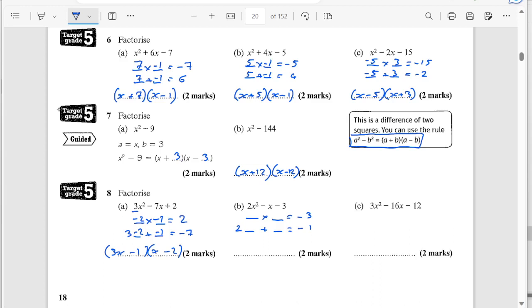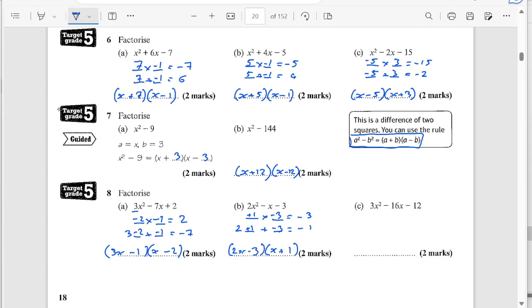So it's going to be minus 3 and plus 1. That would be 2, and then 2 take away 3 is minus 1. So that works. And again, the brackets have got to start with 2x and x, and the plus 1 is going in the bracket opposite the 2.